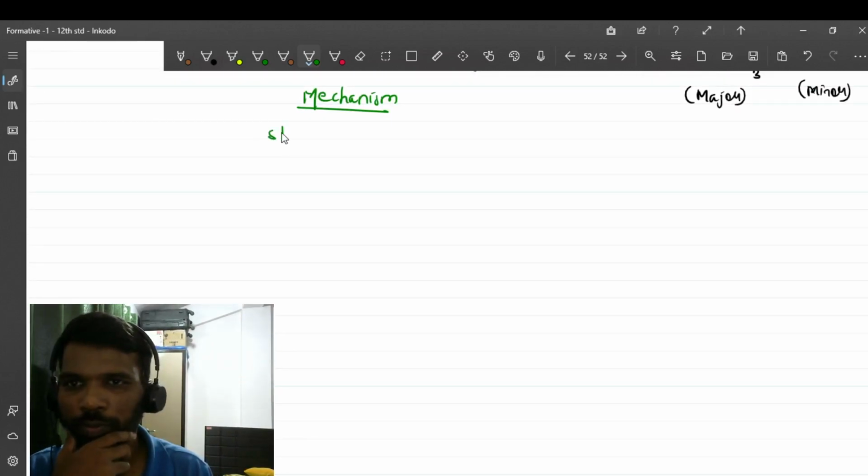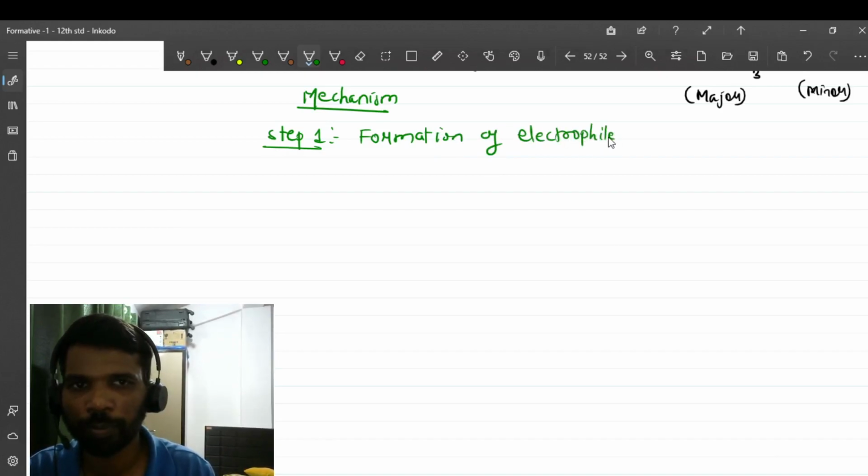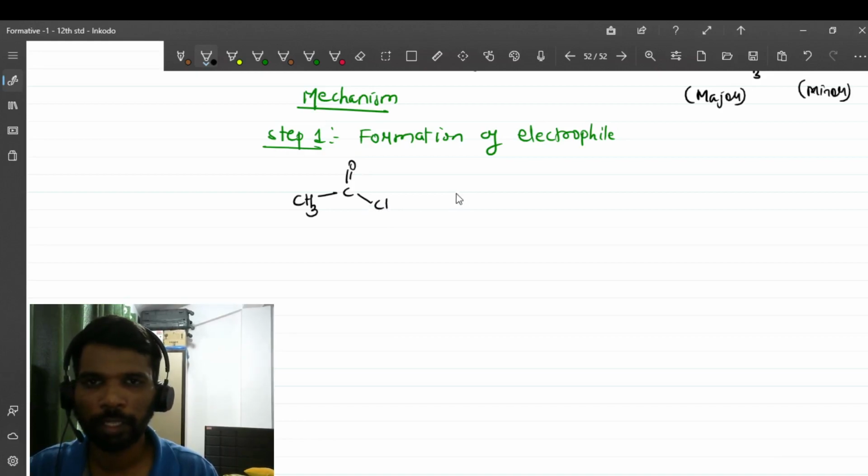Step one is formation of electrophile. This is the first step. So it is CH3, C double bond O, Cl, and it is AlCl3, right?